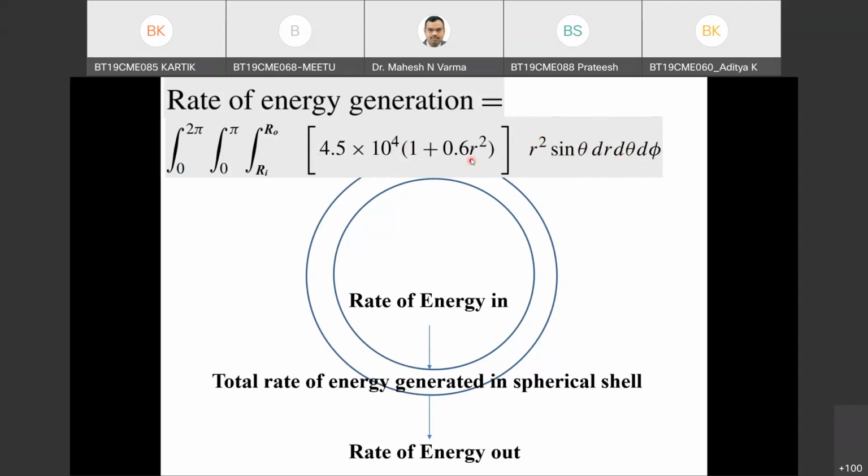If you take 1 and integrate r square sine theta dr d theta d phi, where r varies from ri to ro, theta from 0 to pi, and phi from 0 to 2 pi, you will get the volume of a spherical shell. Multiplied by heat generated per unit volume, this gives the rate of heat generation in the shell.